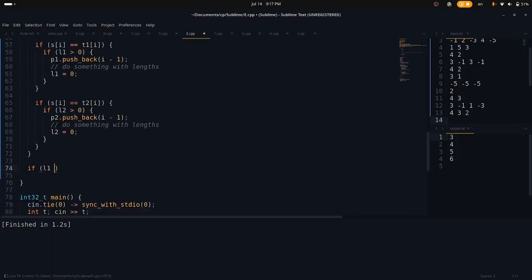If len is greater than 0, then p1 dot push back. They are not similar, so we must.